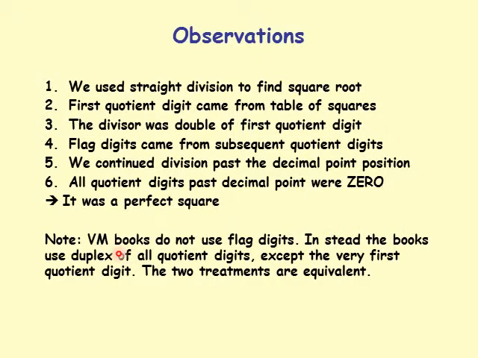Instead, the books use the duplex of all the quotient digits except the very first quotient digit. The two treatments are equivalent. You use the one you prefer, but this one looks clearer to me, that it is still just straight division, also called vertically and crosswise division.